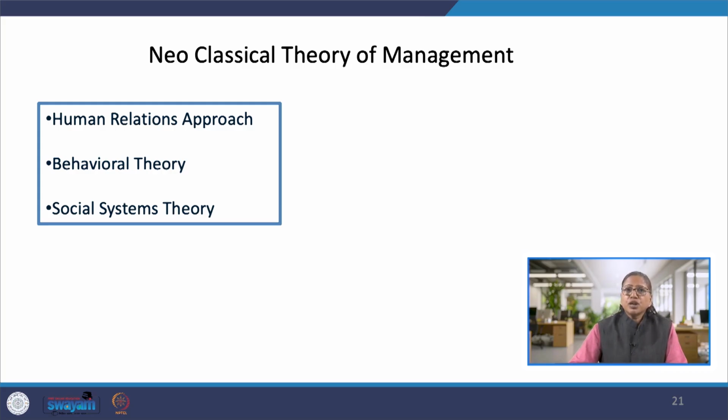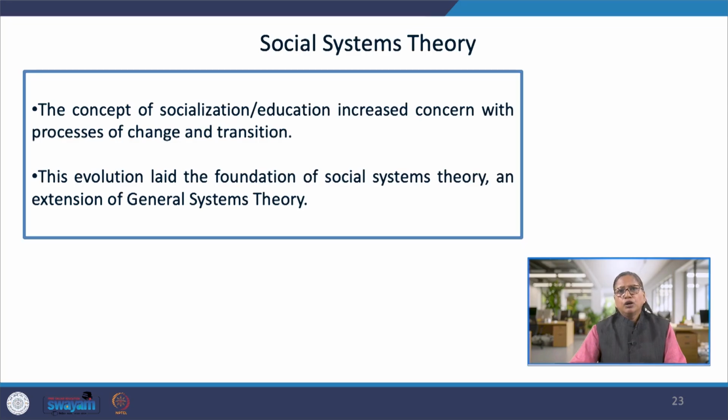Social systems theory emphasized socialization and education, which were of interest to the early social scientists and contributed to the orientation of classical sociology on structural stability. What is the contribution of social systems theory?